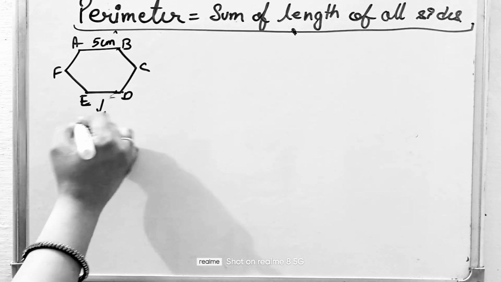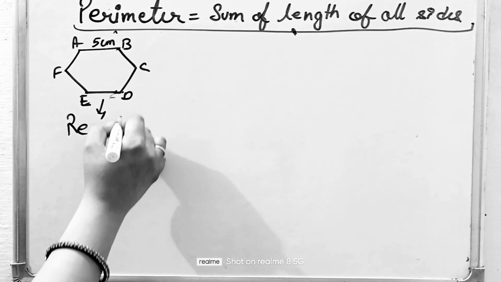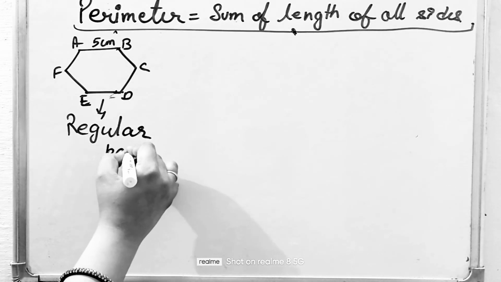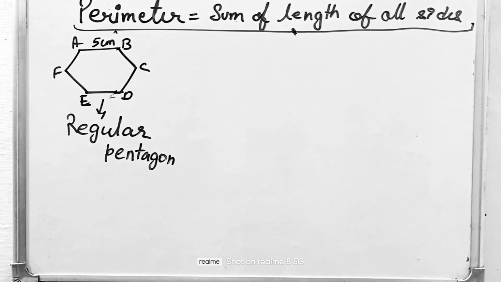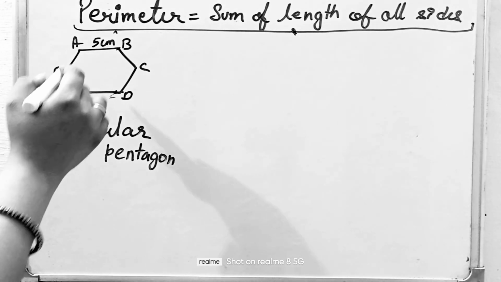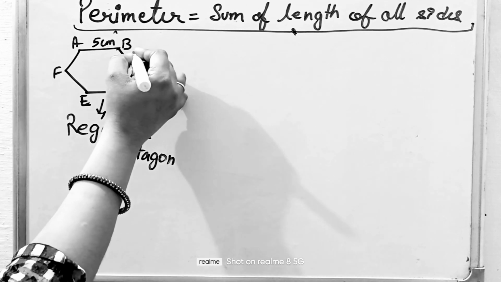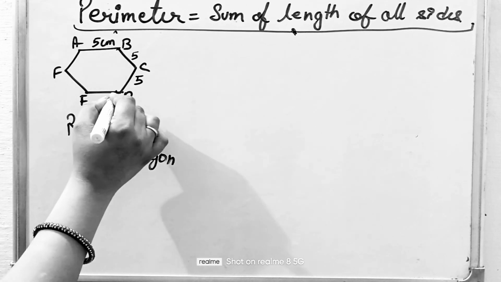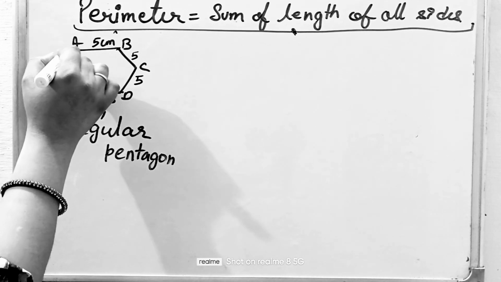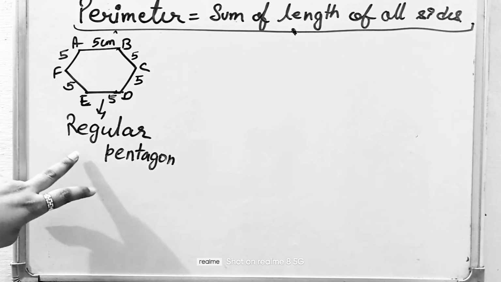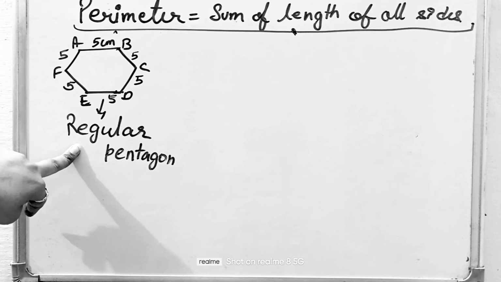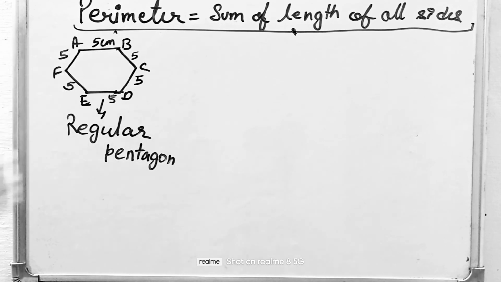When I am saying this is a regular pentagon, that means if you are given that the side is 5 centimeter, all 5 sides are of 5 centimeter. This is also 5, this is also 5, this one is also 5, and that is also 5. Right? By the word regular, you should come to know that all sides have equal length.